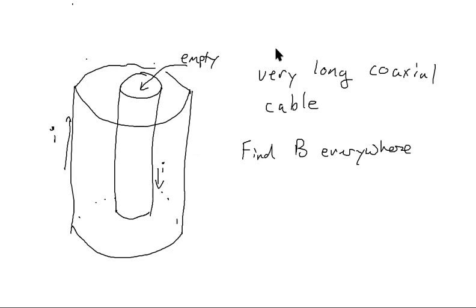What color to choose? I'll choose blue. So draw a little Amperian loop in here. How much current goes through that loop? Well, it'd be zero, because all the current flows on the outer walls of the cylinder. It is empty in the middle.